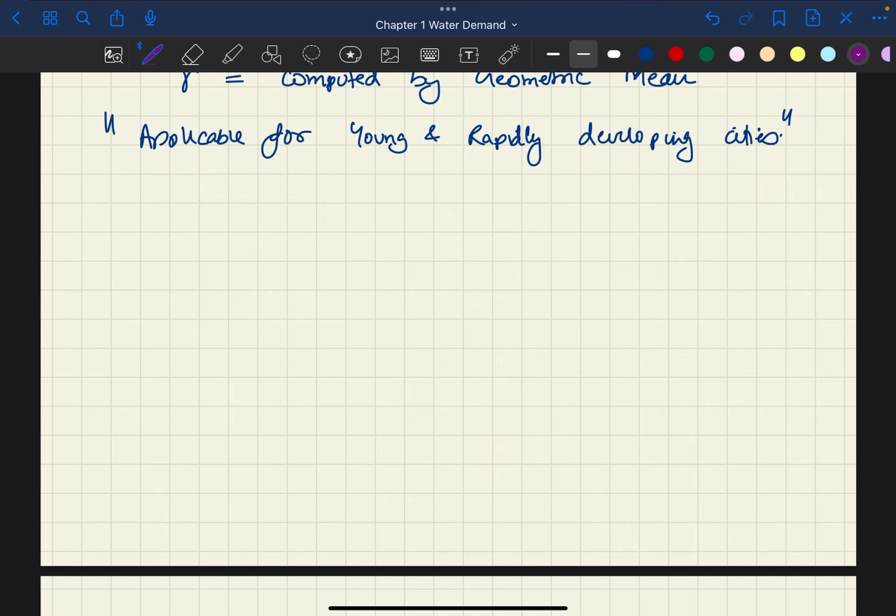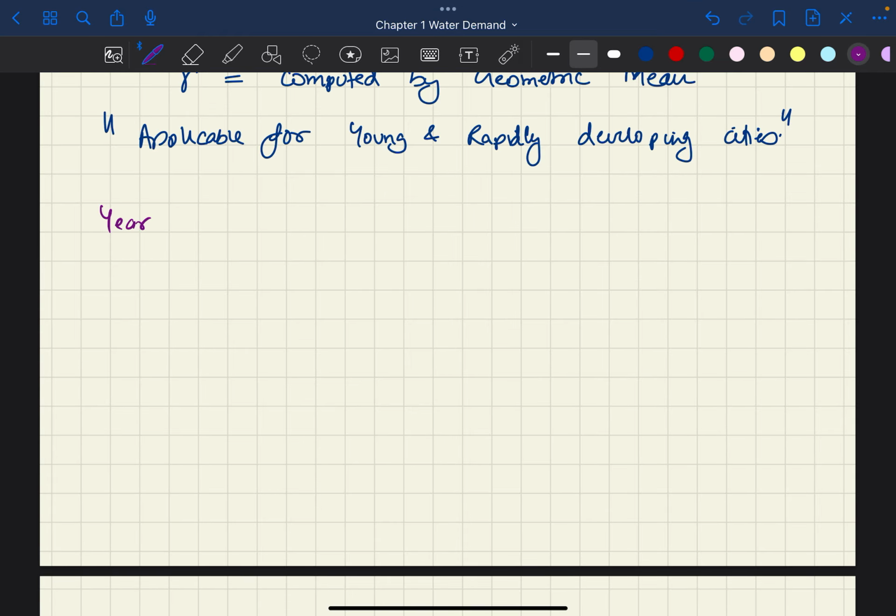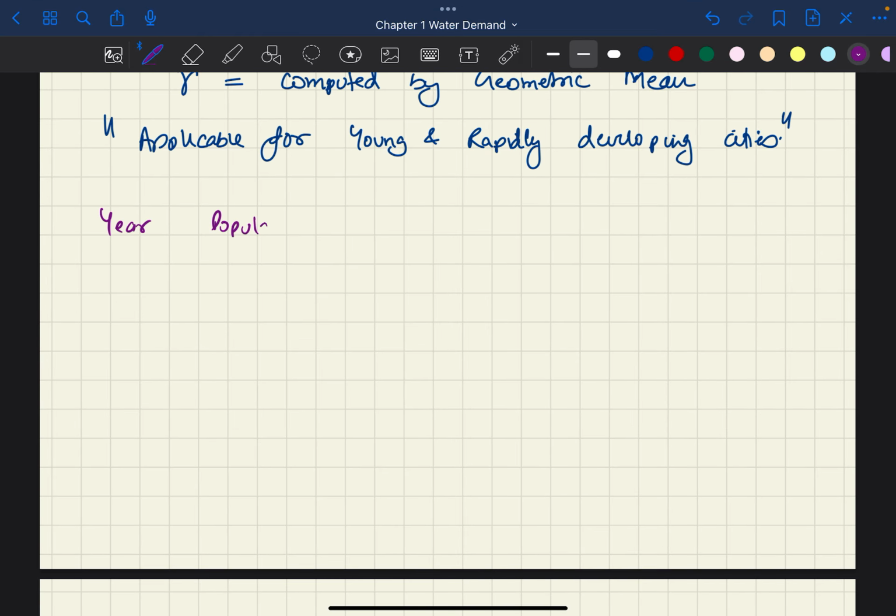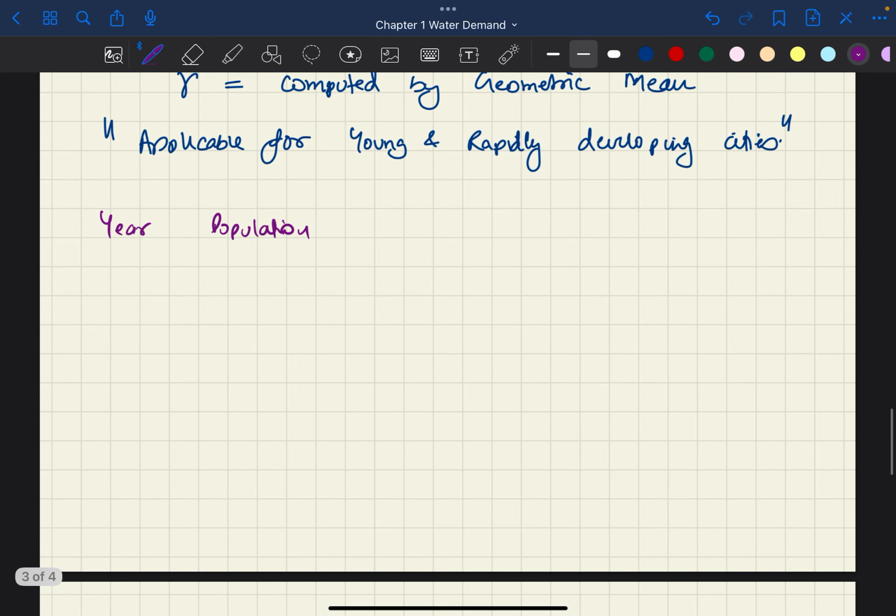So, year and population. Say 1981 we have population P1, 1991 we have population P2, 2001 we have population P3, 2011 we have population P4.